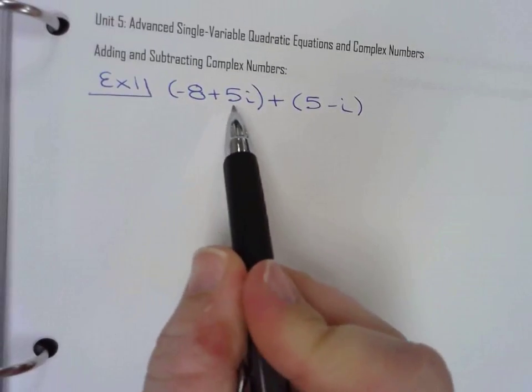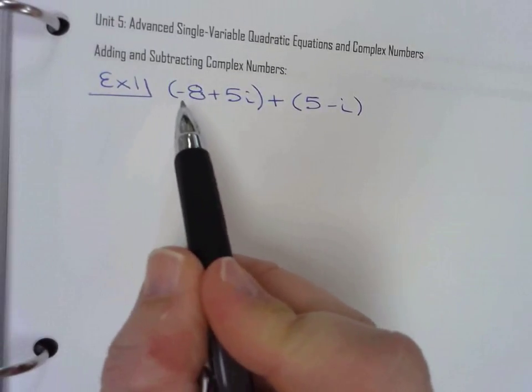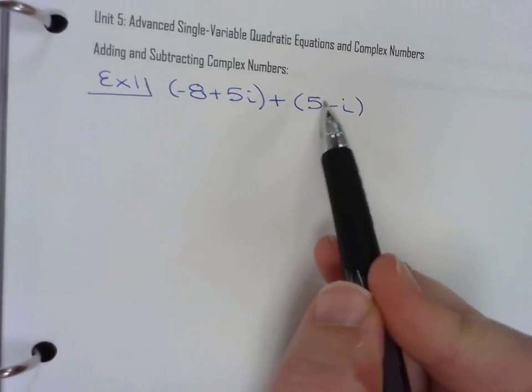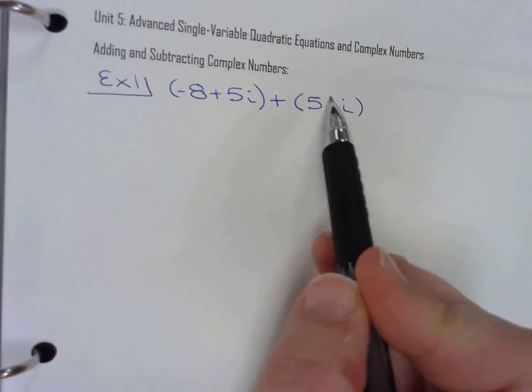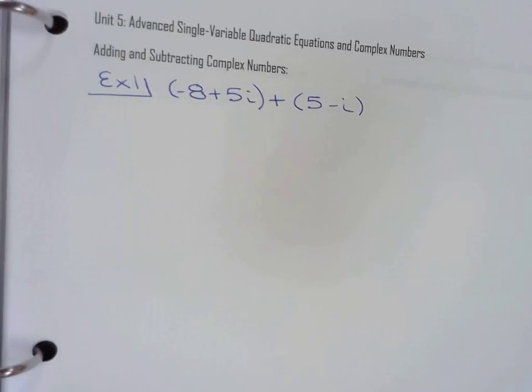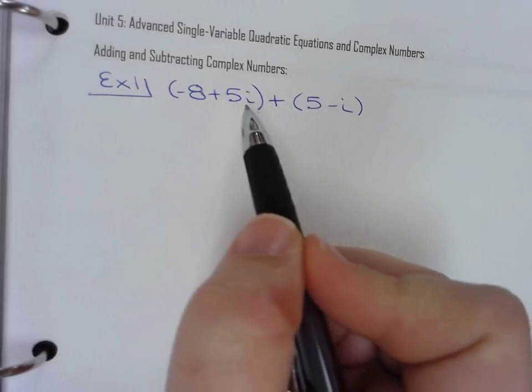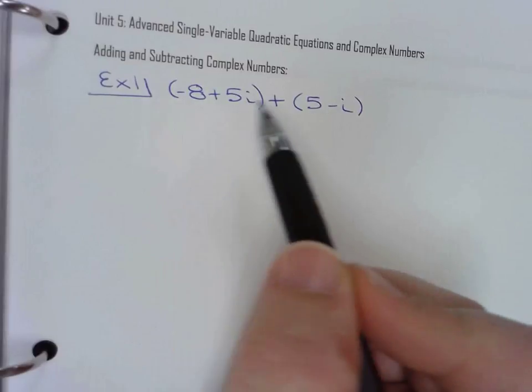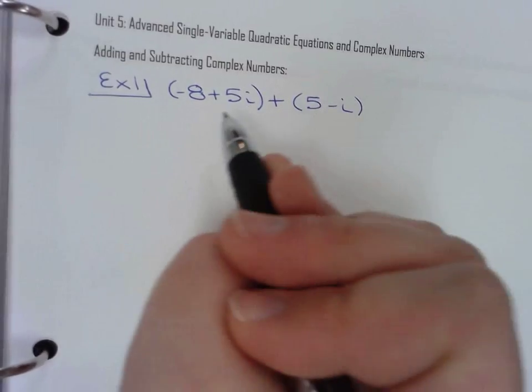So negative 8 plus 5i is a complex number because it has real and imaginary. And then 5 minus i is also a complex number because I have a real part and an imaginary part. So I'm adding together two complex numbers. Use common sense. You treat it just like the i's were x's. So what two things can I combine together?